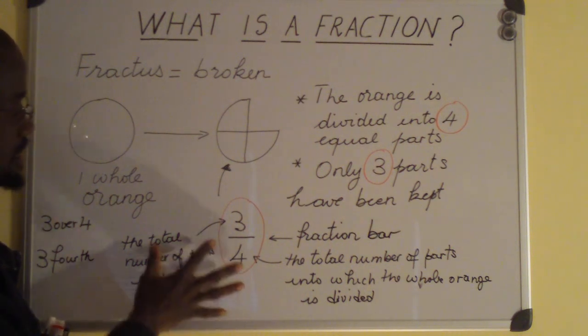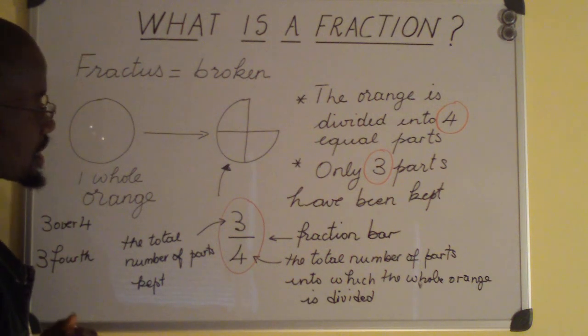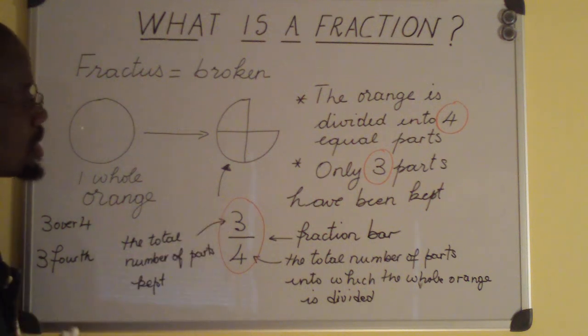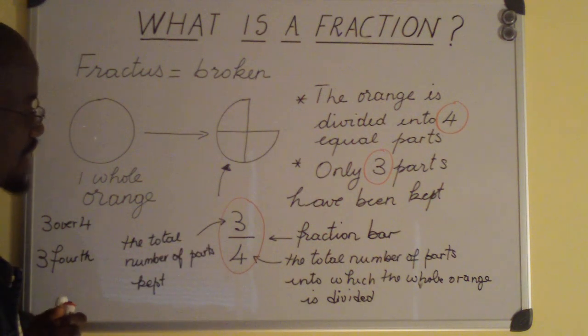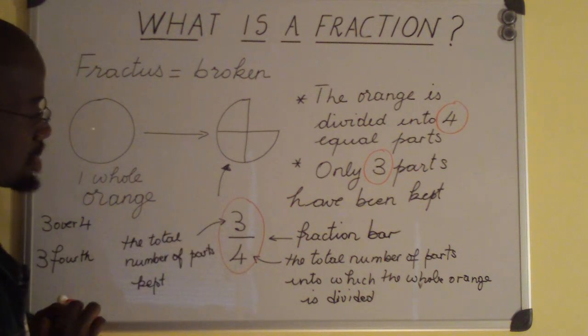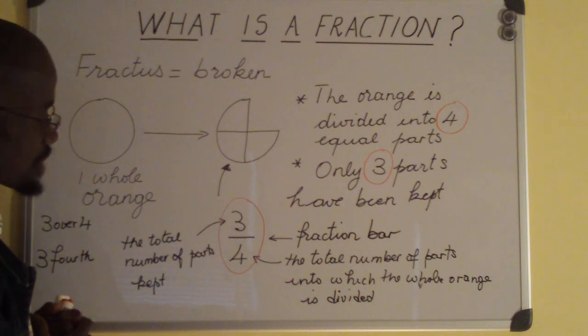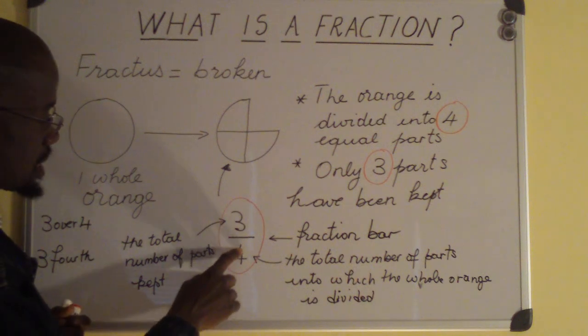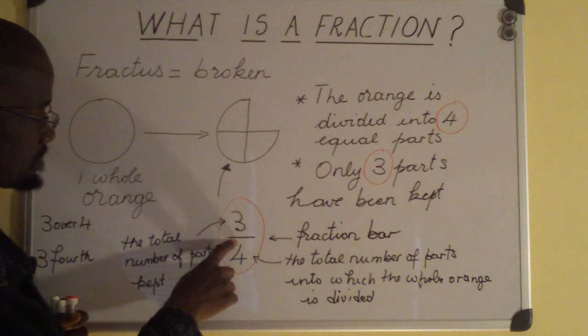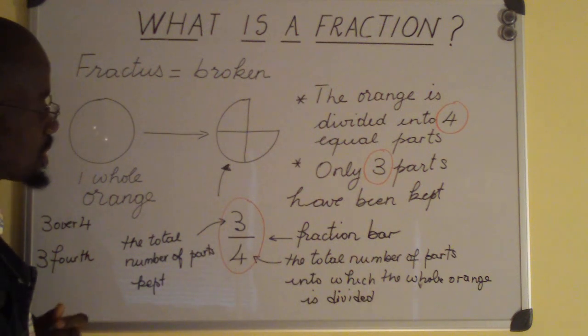So in this fraction 3/4 that represents this broken quantity, the whole number 3 is the numerator of the fraction. The line below the 3 is called the fraction bar, and the number 4 below the bar is called the denominator of the fraction.